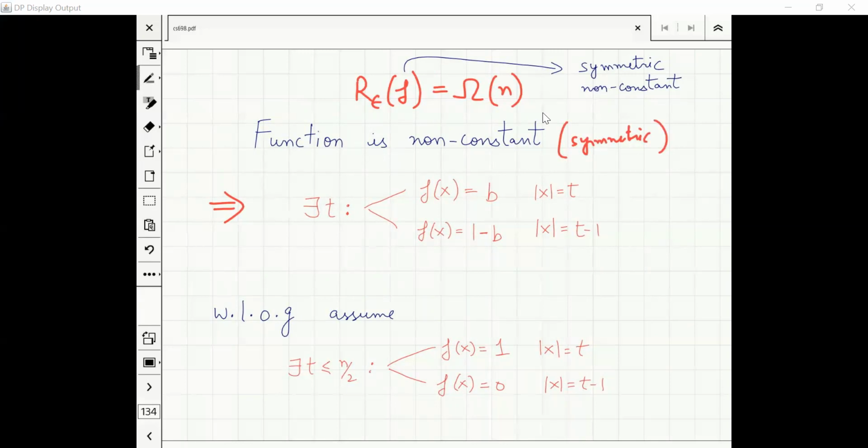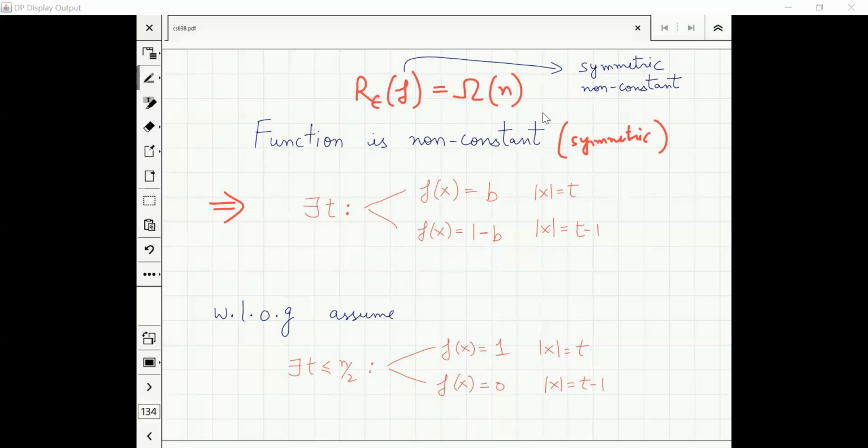Why can I assume that? Because we can consider either f or f complement. Exactly. If my t appears after n by 2, then in the inputs I change 1 to 0 and 0 to 1, and in the algorithm, whenever I get a 0, I will think of it as 1.